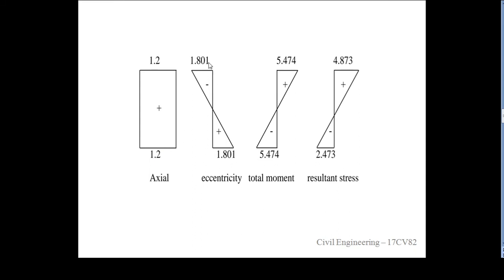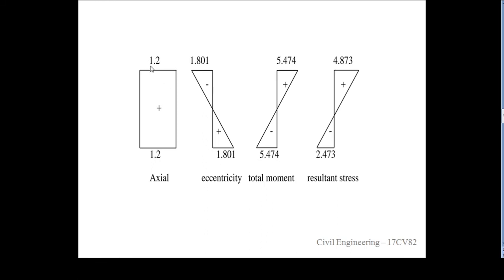Then P e y1 divided by I is negative, P e y2 divided by I is positive. Here MD y1 divided by I is positive, that gives 5.473. Then MD y2 divided by I, that is 5.473, is negative.